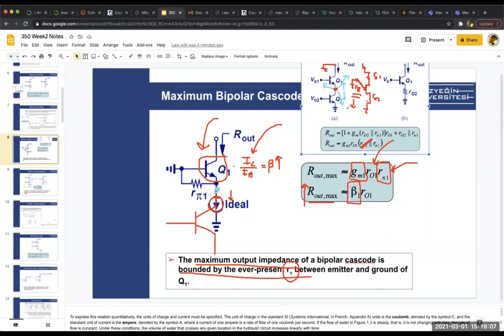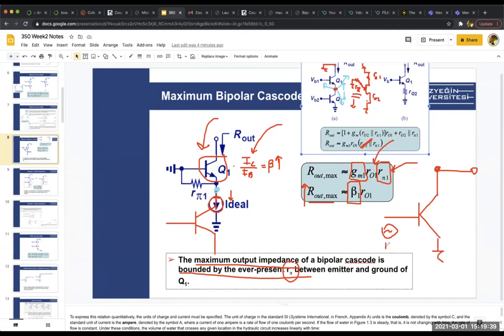This term of low impedance, high impedance will be important. For instance, for an amplifier, we provide the input signal, and the purpose of this amplifier is to amplify the input signal and get gain, right? And now we want to see gain here.